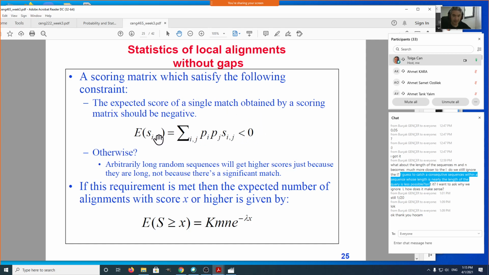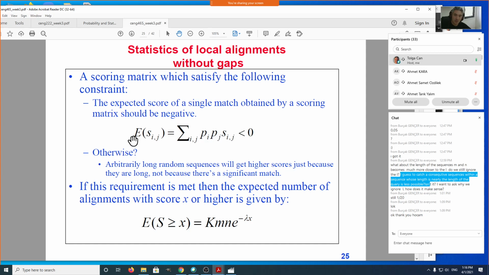Otherwise, if this expected value of a random match is positive, it means that you can just arbitrarily make your sequences longer, random sequences of arbitrary length, and you can increase your score. But if it's negative, it means that just randomly matching them, you will expect a negative score in total, and making the sequences longer is not going to increase the score.